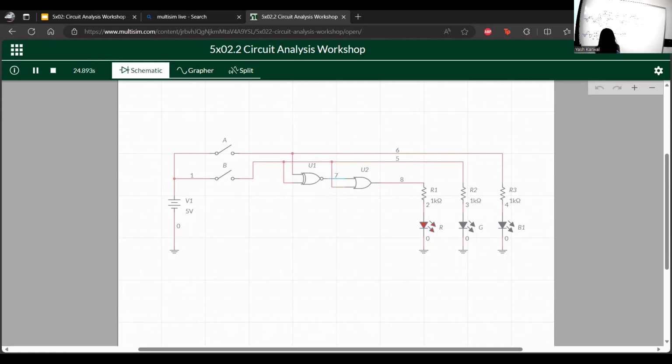So this is negative because the current flow is positive to negative. At this point it's 4.3 volts, which means 4.3 volts is charging this capacitor. If I would probe it, this would be 4.3 volts. So that's the first part. Now moving on to the second part.